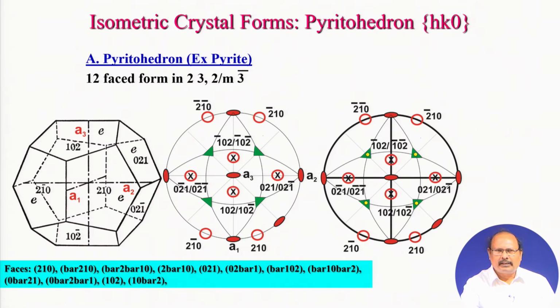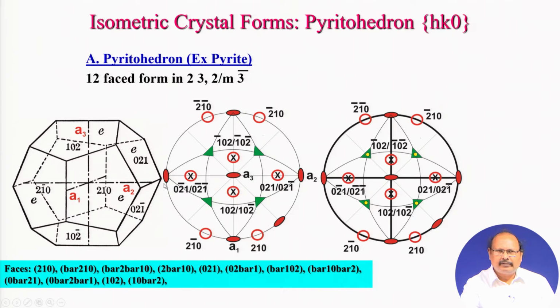So, in a nutshell, this operation of these 4 triads with this starting motif or this face 2 1 0 has now produced 1 2 3 additional vertical faces here, and it has produced 4 inclined faces. All these inclined faces intersect the positive direction of the A3 axis here.